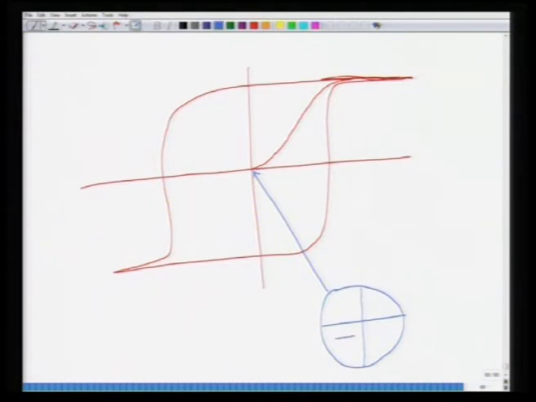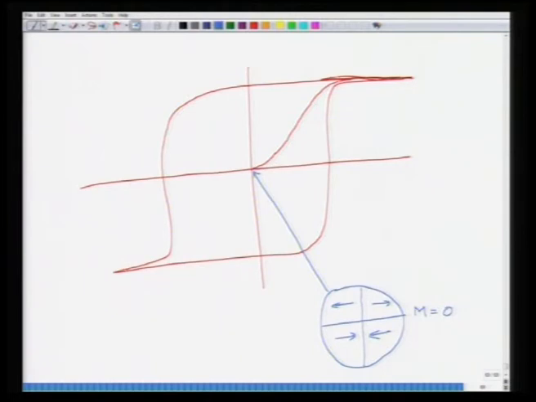So, let us say this is in this direction, this is in this direction, and this is in this direction, this is in this direction. So, the net m was equal to 0.